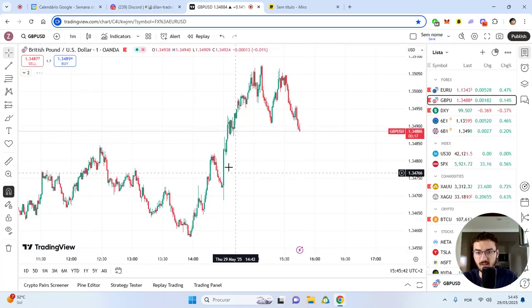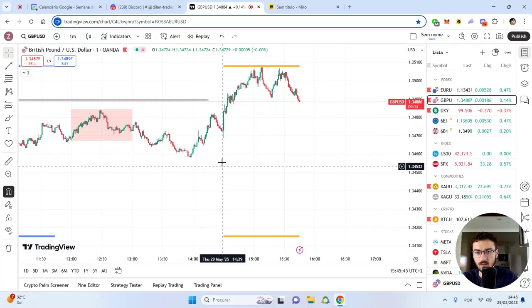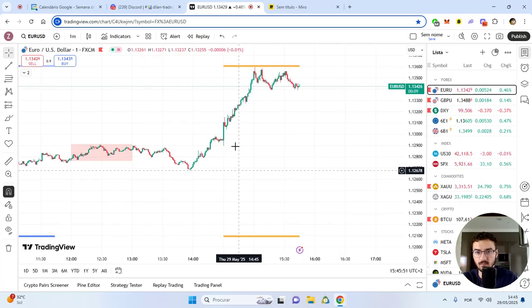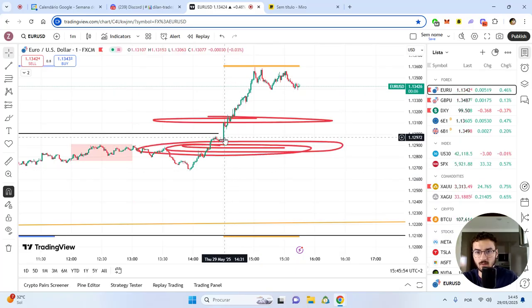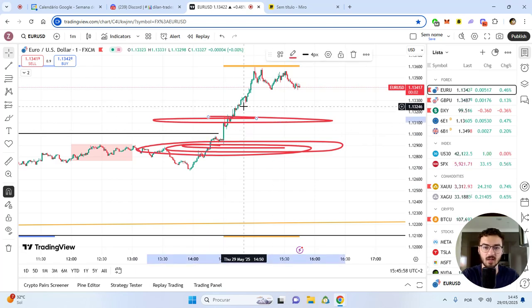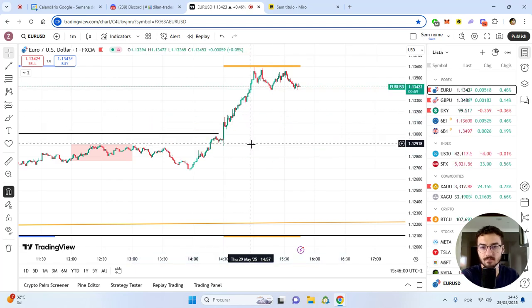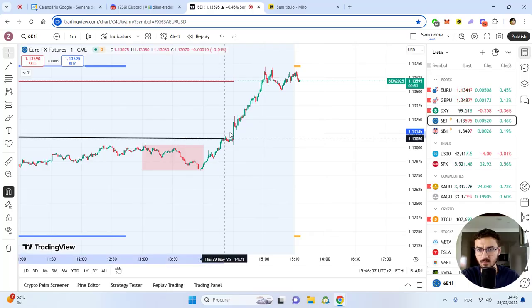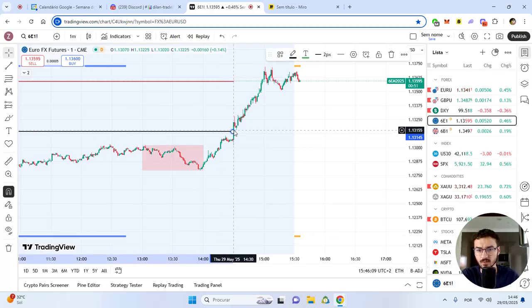And on GBP USD, okay, we were before. What about USD? On USD, you can see we were already sweeping it. Okay, we swept it at 230, and oh no, we swept it.